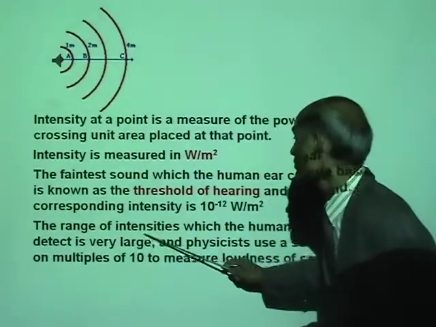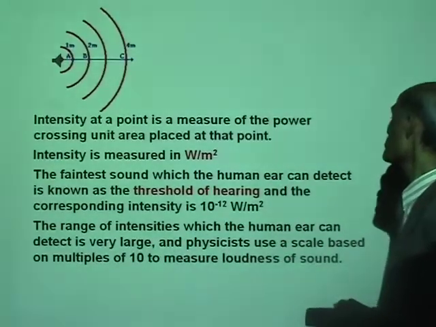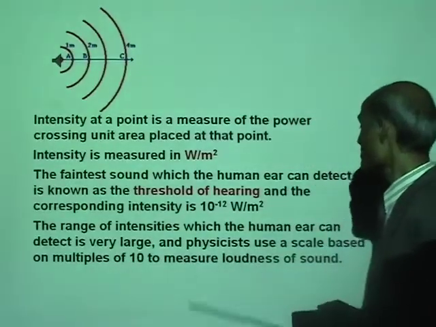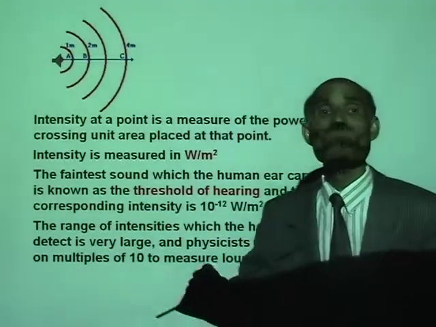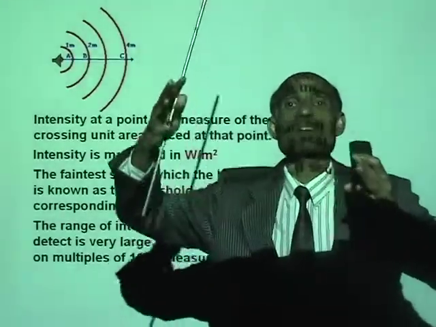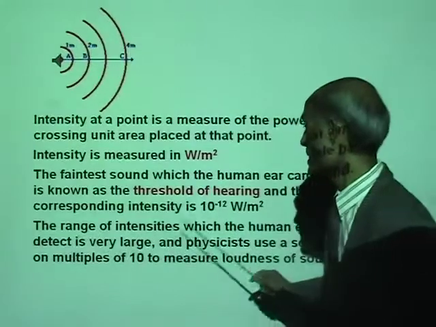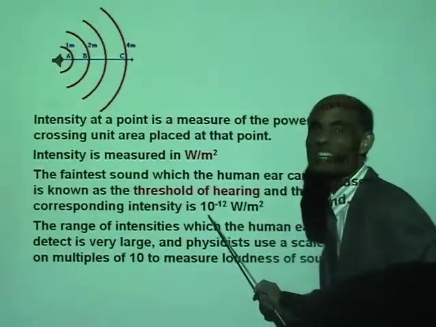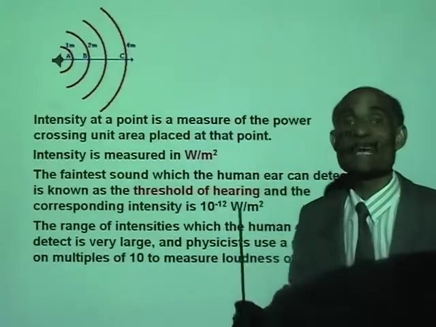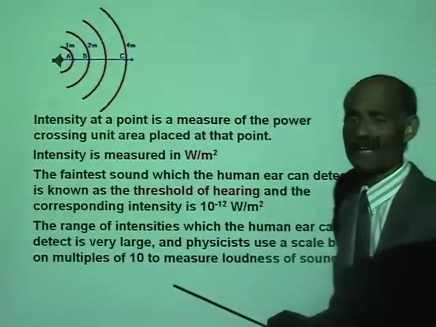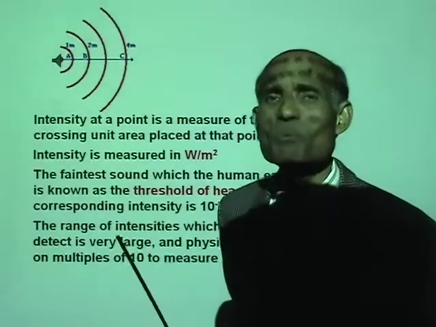The range of intensities which the human ear can detect is very large, and physicists use a scale based on multiples of 10 to measure that range of intensities. Look at this. The threshold of intensity is 10 to the power of negative 12 watt per square meter. Now, we have seen this number before.